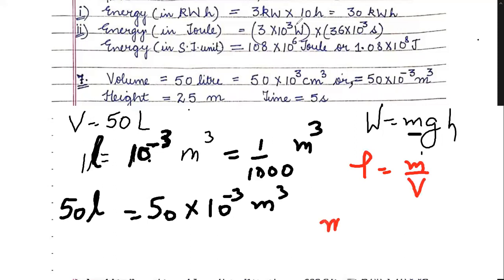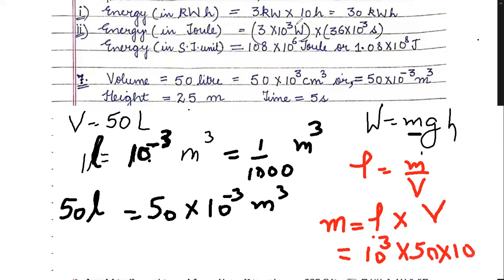So mass can be written as density multiplied by volume. And in class 9th, first term, we have learned the density of water is 1000 kg per meter cube. So this is 1000 and here it is 50 multiplied by 10 raised to power minus 3. Now this 10 raised to power minus 3 and 10 raised to power 3 can cancel out. And we are left with mass as 50 kg.